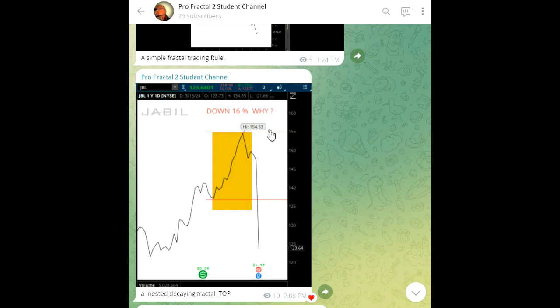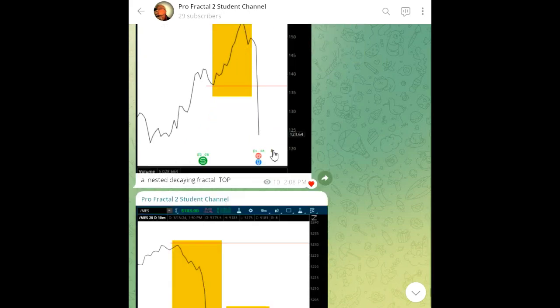So you short here, you put a reasonable stop, and you get 16%. Now imagine if you bought an in-the-money option on that. That's a whole different ball game. But how many times have we seen this? All you have to do is look at the picture.